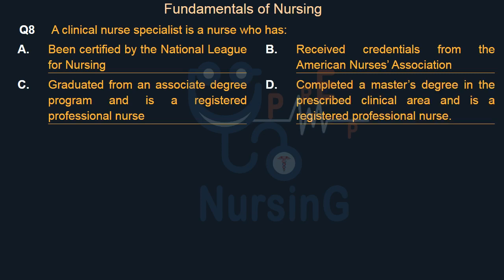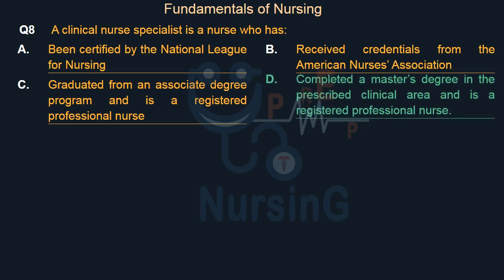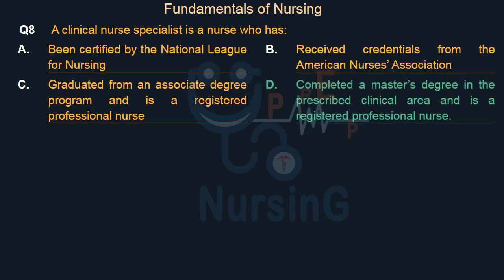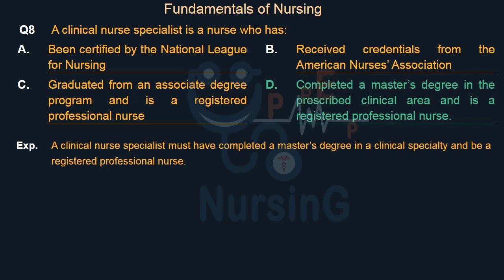Option D. Completed a master's degree in the prescribed clinical area and is a registered professional nurse. Right answer is Option D. Completed a master's degree in the prescribed clinical area and is a registered professional nurse. A clinical nurse specialist must have completed a master's degree in a clinical specialty and be a registered professional nurse.